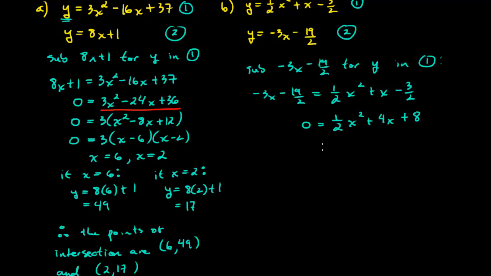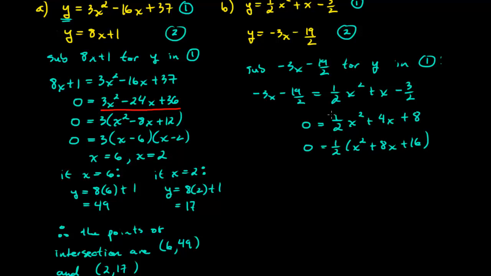Now, there's two different ways that I can make the algebra a little bit easier here, because I've got this fractional coefficient. I can common factor this fractional coefficient out, and I can write this as 1/2 times x squared plus 8x plus 16, where all that I've done is I've just divided each of these terms by 1/2 to common factor it out.